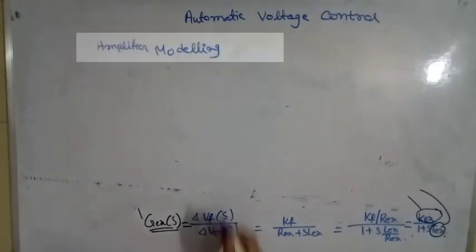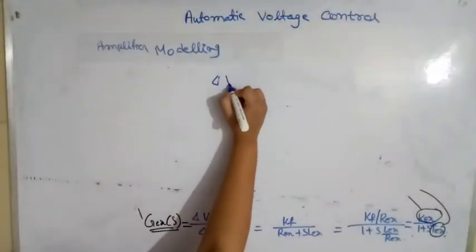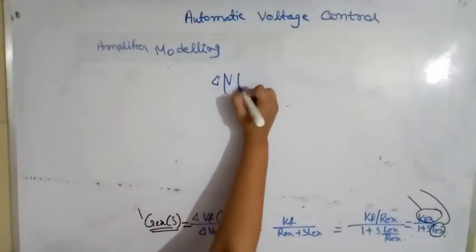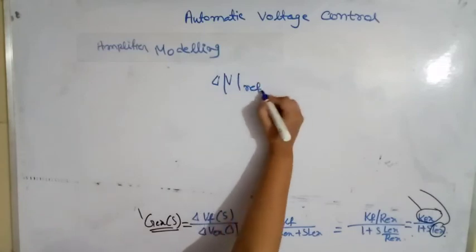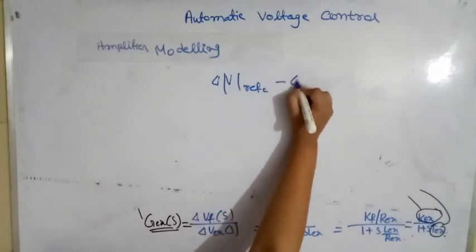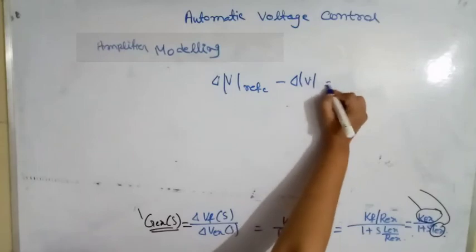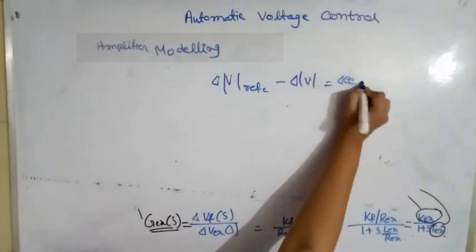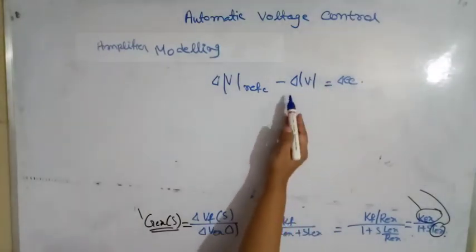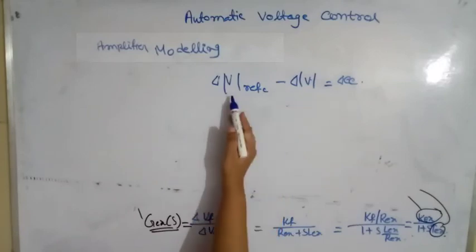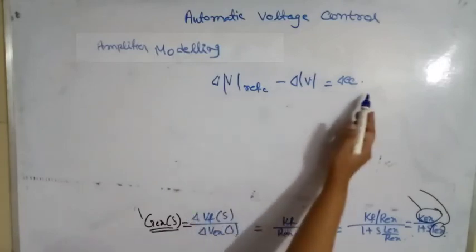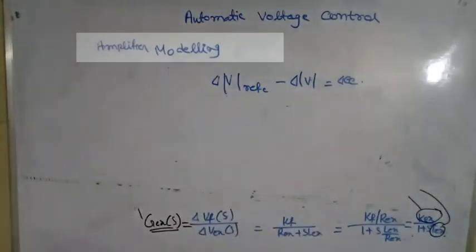Next, amplifier model. Delta V reference minus delta V is equal to delta Ec. This is the terminal voltage of the alternator, this is the reference voltage, and this is the error voltage.